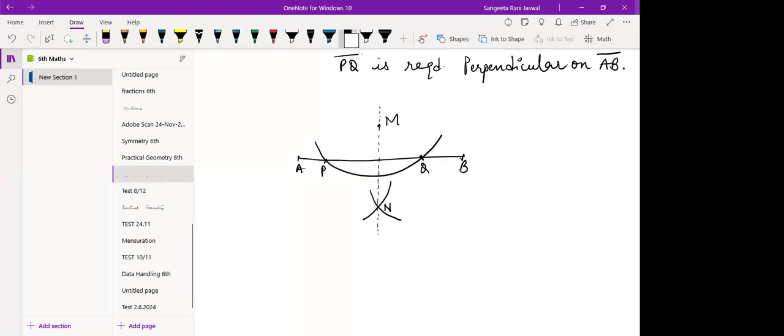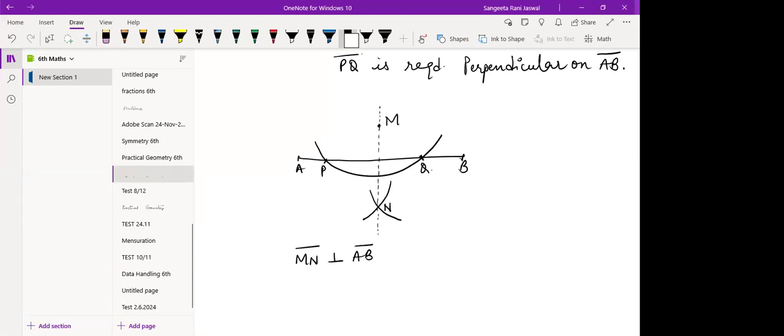Mark this new point as N. Then join MN, and you get your required perpendicular. So please write down the steps of construction. You can write like this: line segment MN is perpendicular to line segment AB.